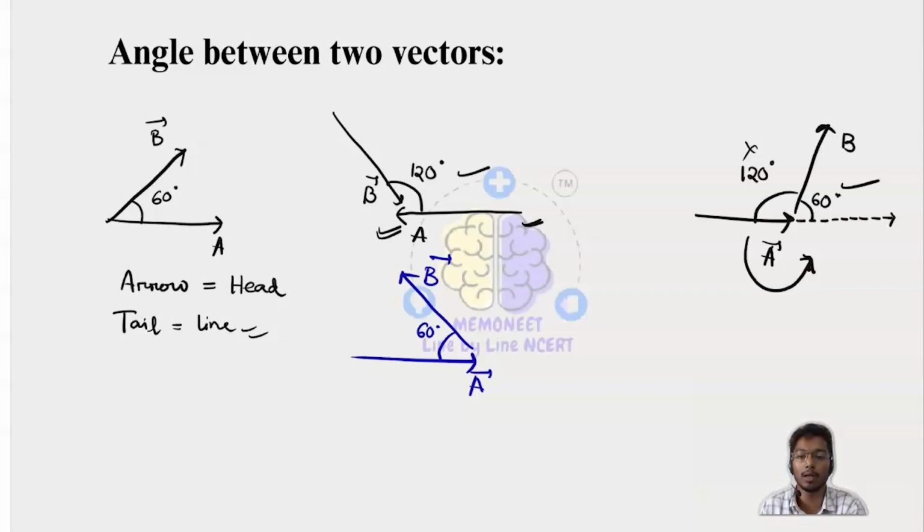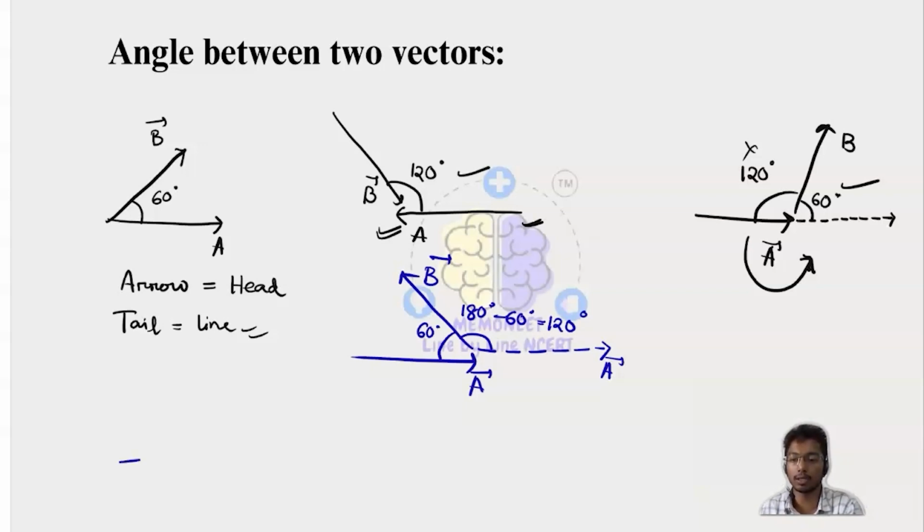Let's move the a vector forward. So the a vector will be like this, and the angle between this will be 60. The 60 is one angle, then as it is linear, another angle will be 180 degree minus 60 degree, that is 120 degree. So the angle between these two vectors, a and b, is 120 degree.